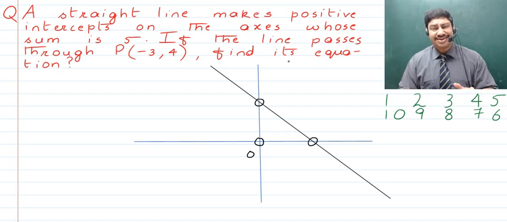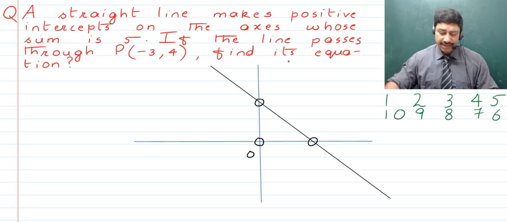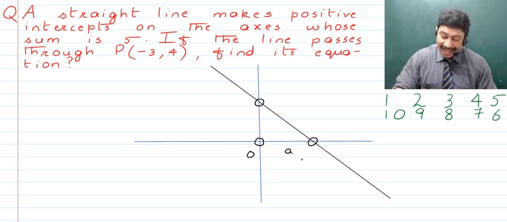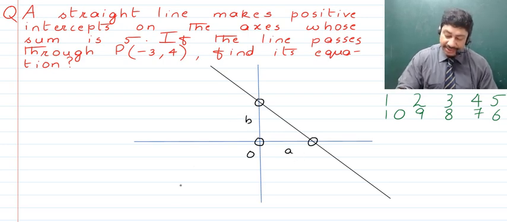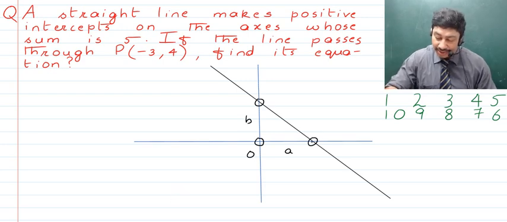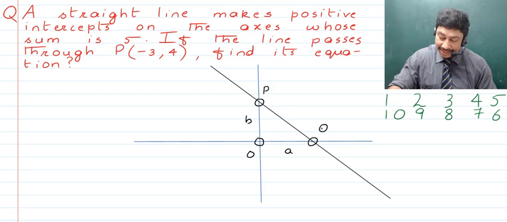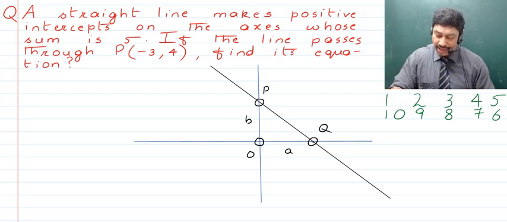Now we've been given that the sum of both of these intercepts is 5. So if we say the x-intercept is some A, and the y-intercept is some B, then we can write the coordinates of both of these points, which say are some P and Q. So Q will have the coordinates A comma 0.